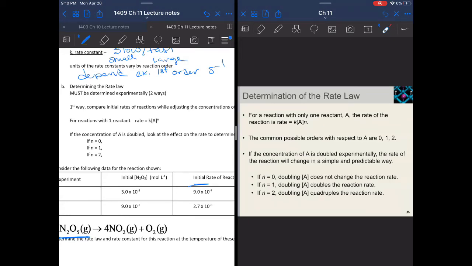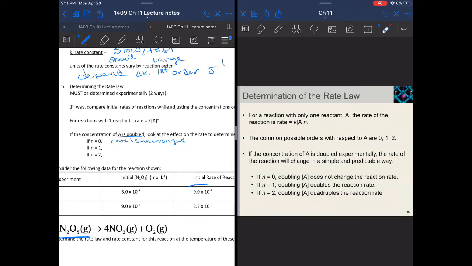So if we double A, and the rate is unchanged, so the rate is not affected by how much A is present, then N equals 0. This is a 0 order component. Now, that doesn't mean that you could have no A. It's just saying that as long as some A is present, the reaction is proceeding at the same rate, and that would be a 0 order.